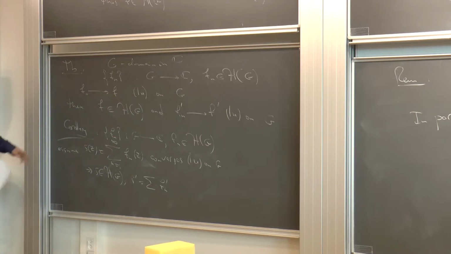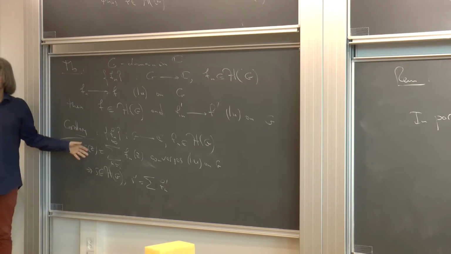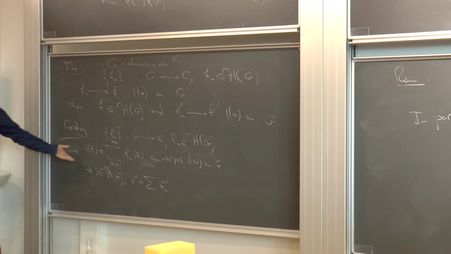So it's clear how the corollary follows from the theorem. You need to consider the sequence of partial sums, and that's exactly what happens here.